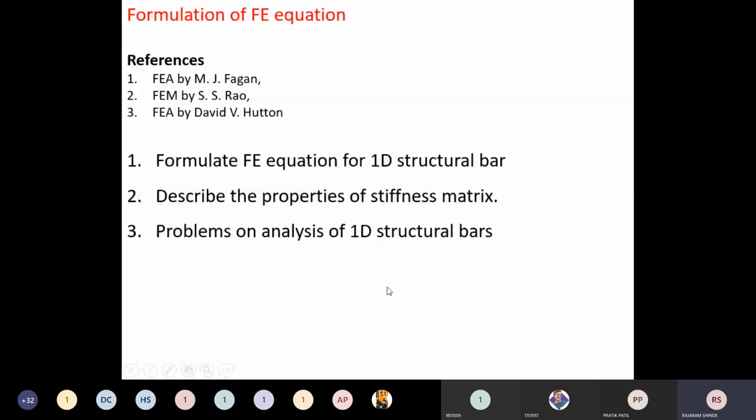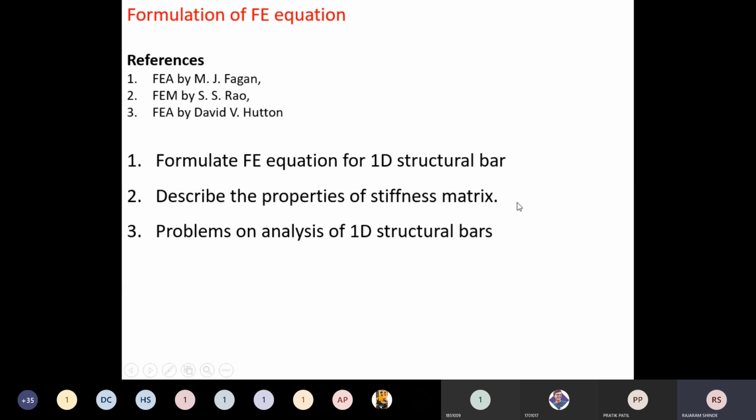Today's lecture is very important. If you get this concept, you can apply it for all disciplines, and you will get all the steps of the finite element method. Here we are formulating the finite element equation for a one-dimensional structural bar. Next I am going to describe the properties of the stiffness matrix.